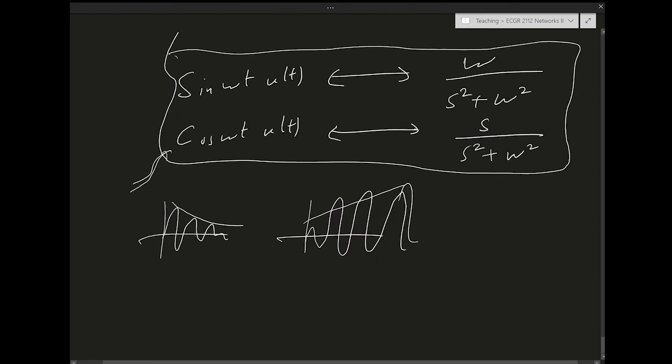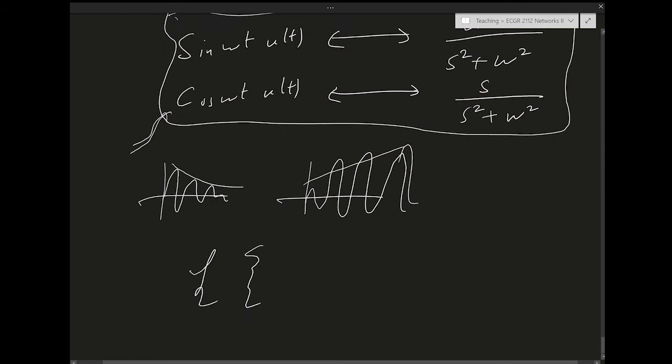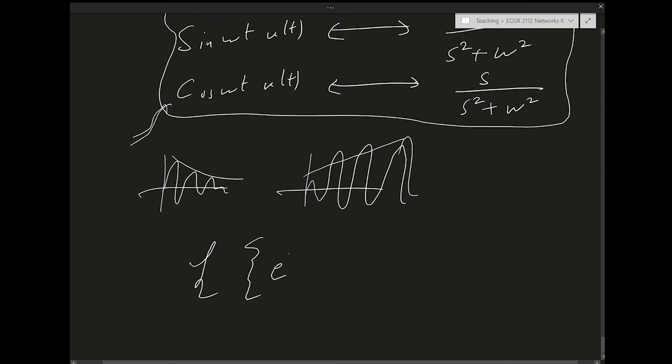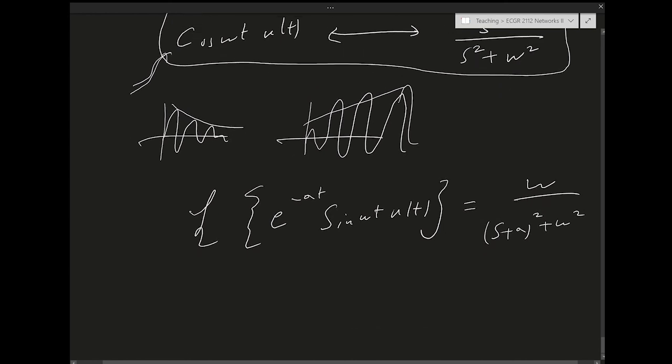And given what we know, those are easy, right? An exponential is just a shift in the frequency. So if I have the Laplace transform of e to the minus at sine omega t u of t, we know that's equivalent to shifting s by a. So this is just omega over s plus a squared plus omega squared.